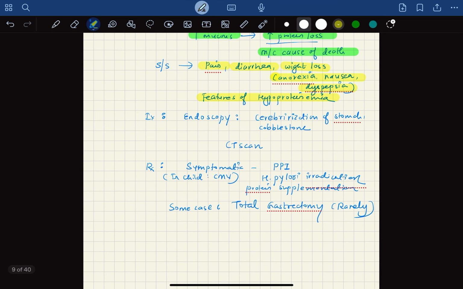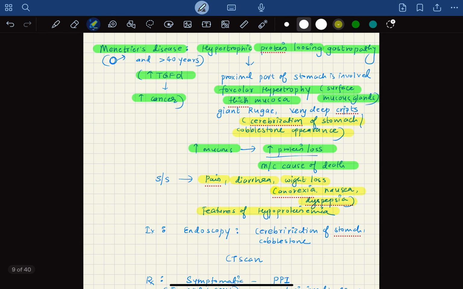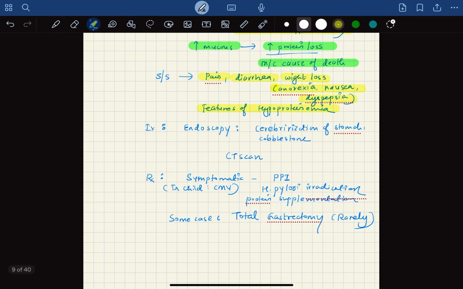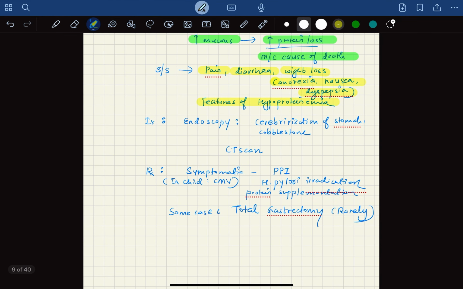Just remember that there is lots and lots of mucus, so protein loss will be there, so pain, diarrhea, weight loss and features of hypoproteinemia.